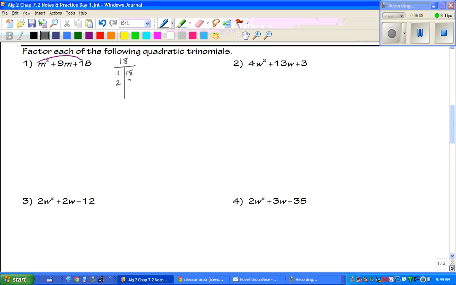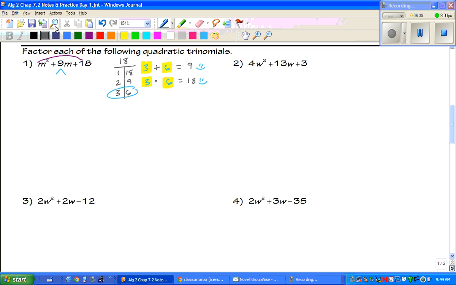So 1 and 18, 2 and 9, 3 and 6. Which ones of those numbers add up to 9 and multiply to get 18? And they have to work for both situations. Okay, 3 and 6. 3 plus 6 is 9, and 3 times 6 is 18.